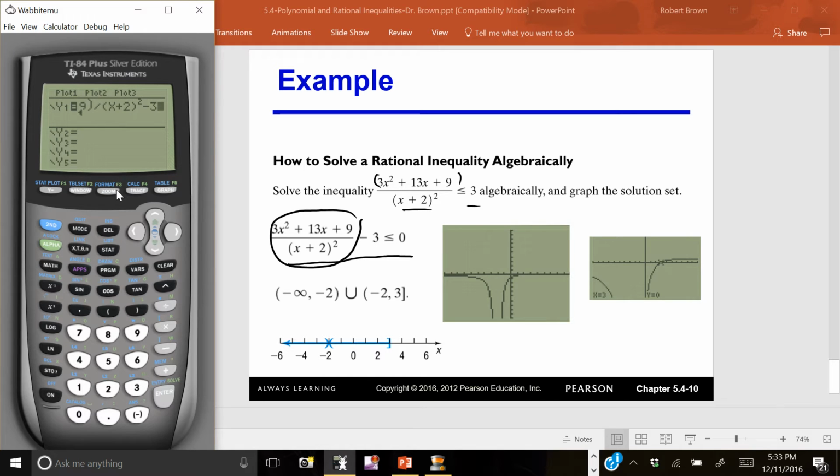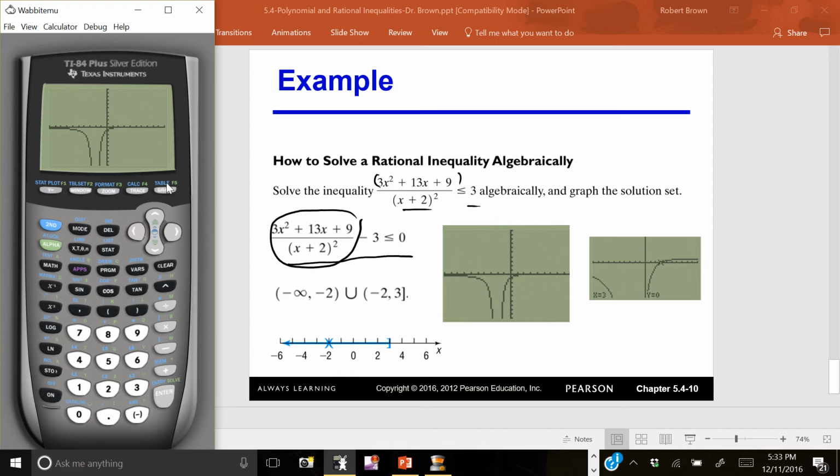And then let's zoom to the standard window. And so we want this function to be less than or equal to 0.